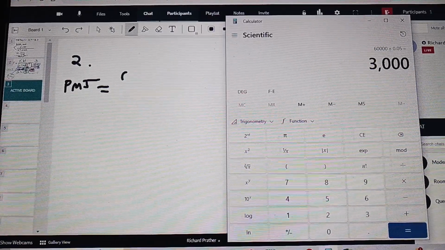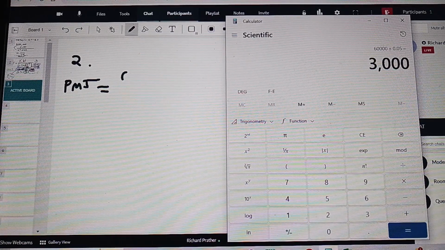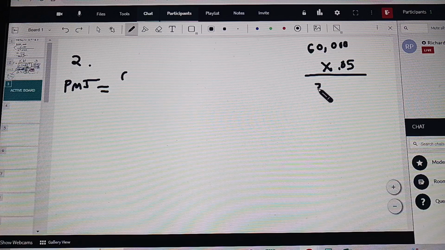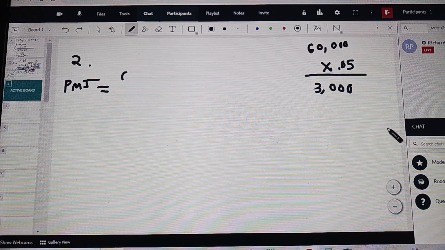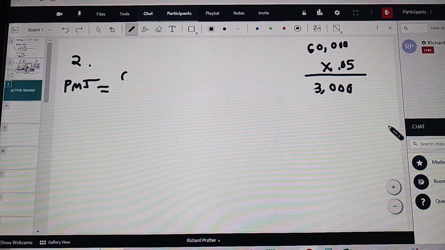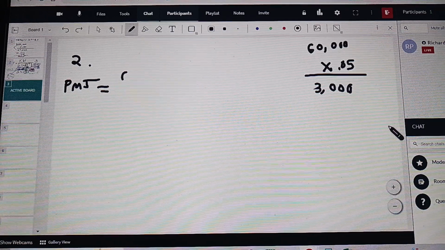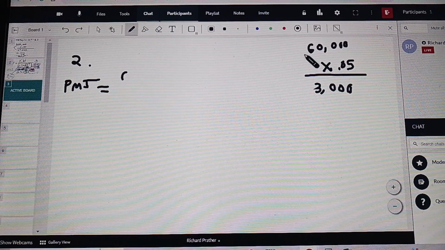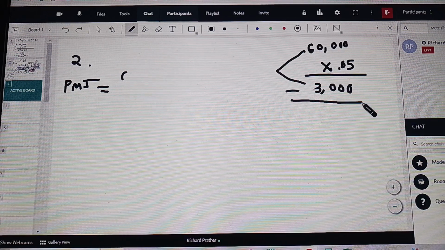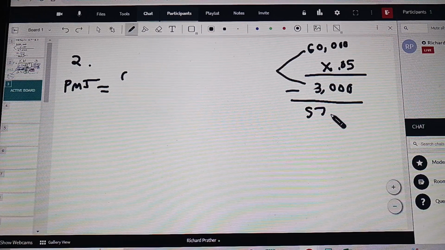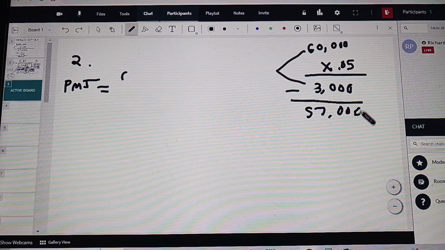So if we pay them $3,000 right now when we close on the cabin, now you might have to save up to get to that point, but after you've saved up for it, you pay them $3,000 day one, you own $3,000 of the home. You own 5% of the cabin. So then you only need to take out a mortgage for $57,000 because you own $3,000 of it already. So the present value is $57,000. That's how much you need to borrow from the bank.